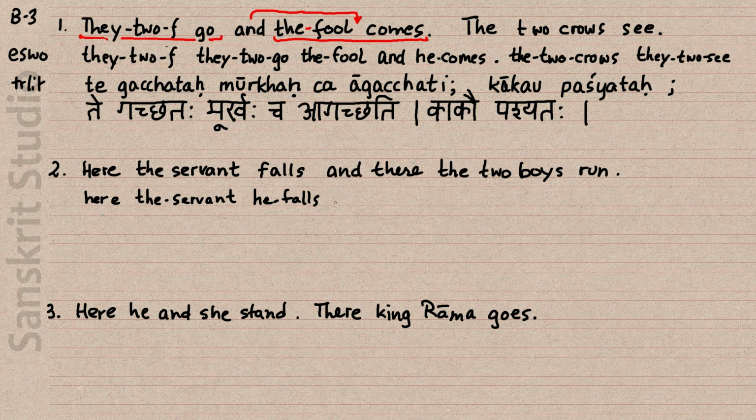So he falls there, and once more the two boys run. Oh, and then we have to expand the verb there also to clarify it.